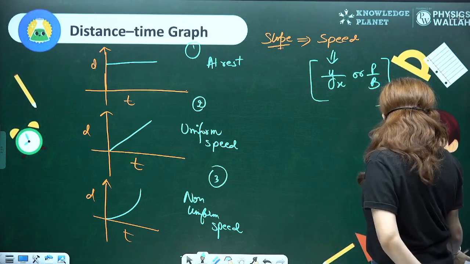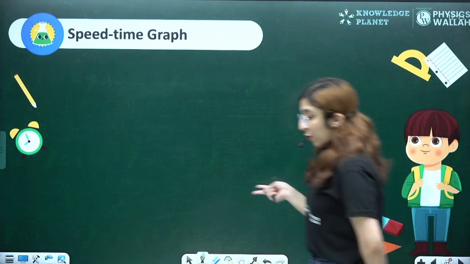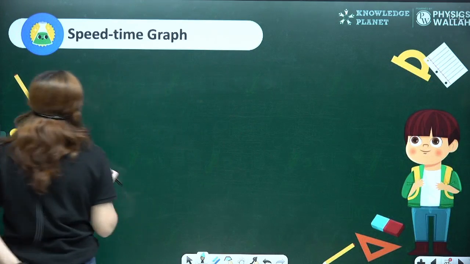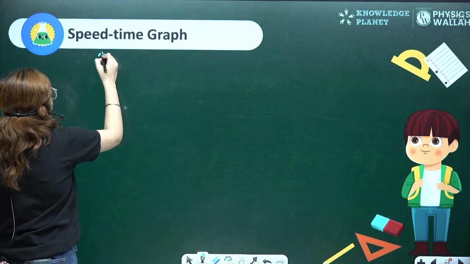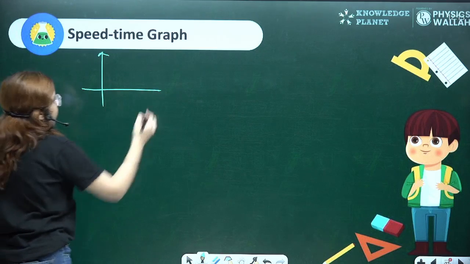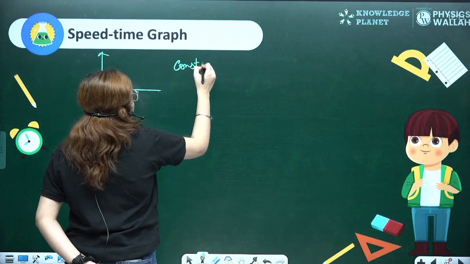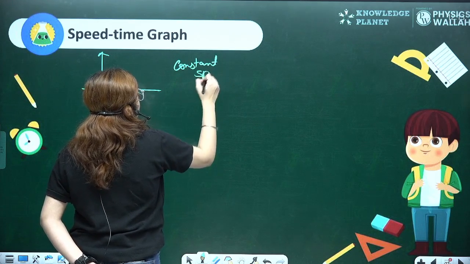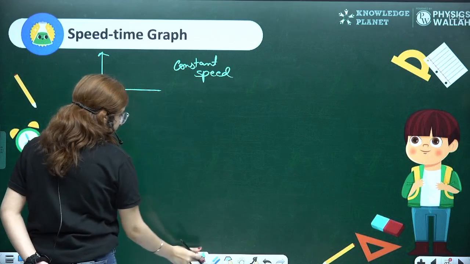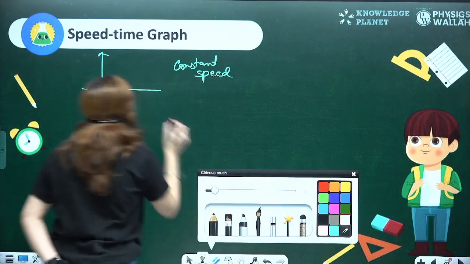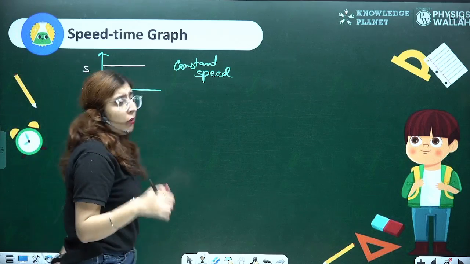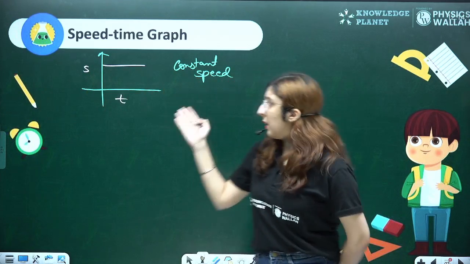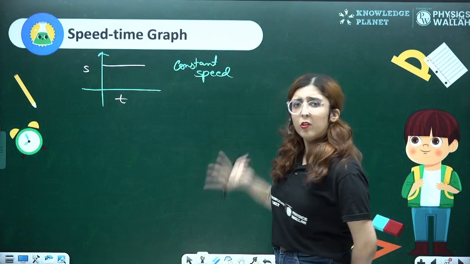Now speed time graph, or you can certainly say velocity time graph if you want to, but there is no as such difference. Speed time graph, constant speed. If you are comfortable with velocity time graph, you can say velocity time, then it will be constant velocity only.